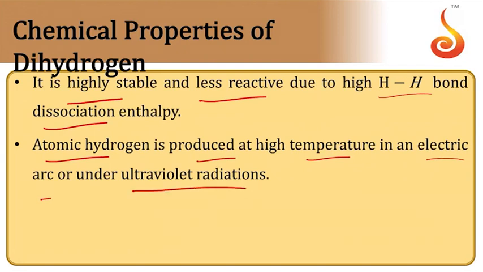When you heat H2 gas to very high temperatures or use an electric arc, it splits into two hydrogen atoms called atomic hydrogen. They are highly reactive in nature.